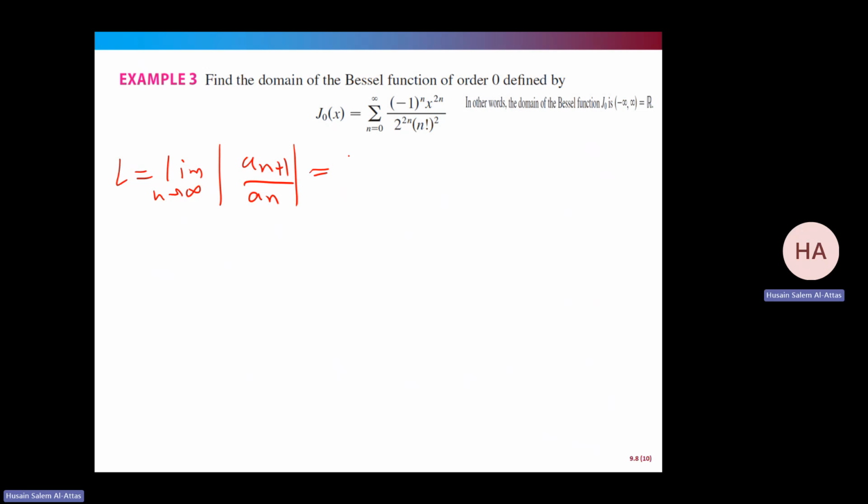That will be the limit as n goes to infinity of minus 1 to the power n plus 1, x to the power, instead of n, I write n plus 1, so 2n plus 2, over 2 to the power, be careful here, 2n plus 2 also, times n plus 1 factorial, all squared, times the reciprocal of this.